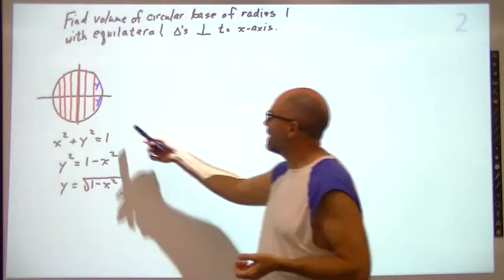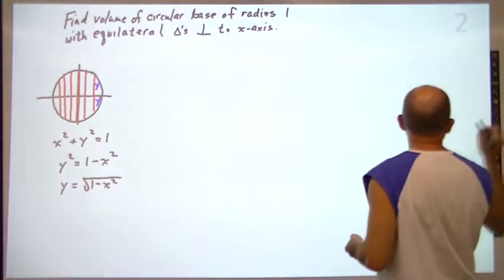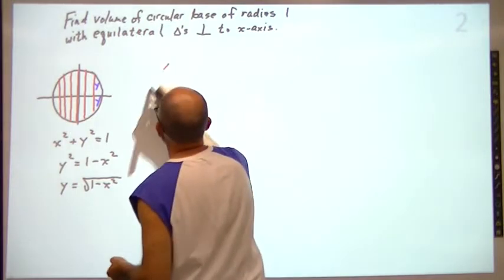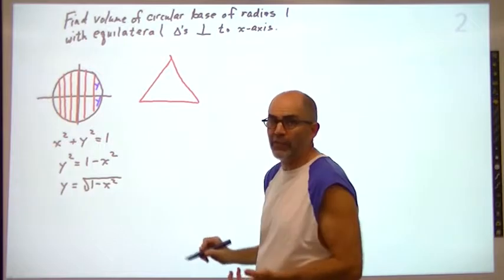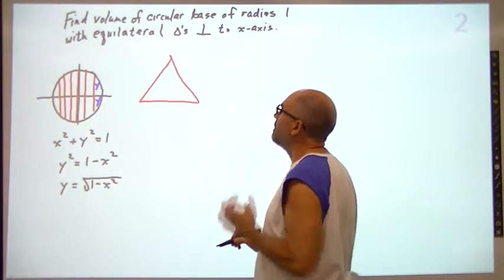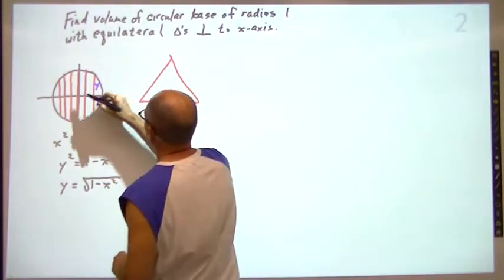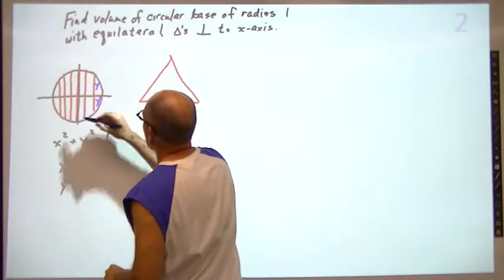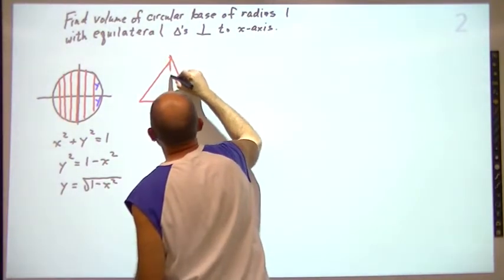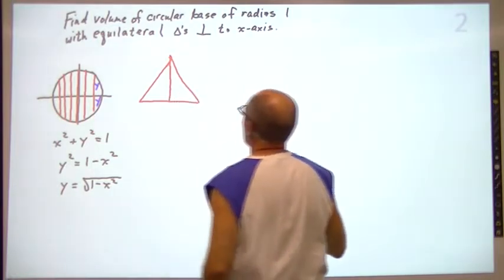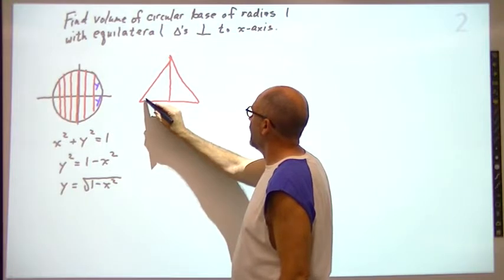So we've got our same y equals square root of 1 minus x squared, but now each triangle is an equilateral triangle. All right, we'll go with that. So that means it's going to be 2y across from here to here, because it's 1y up there, 1y down there. But if I take an equilateral triangle and split it down the middle, I know this is a 60-degree angle, that's a 60.